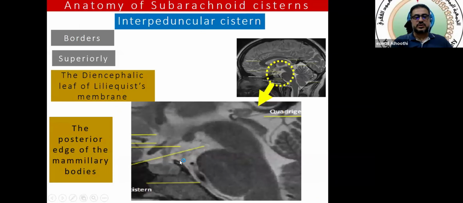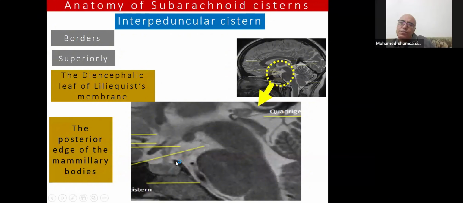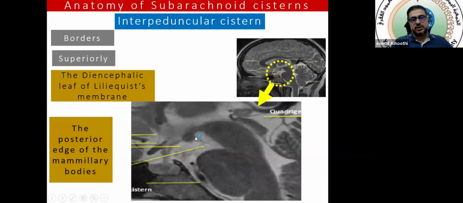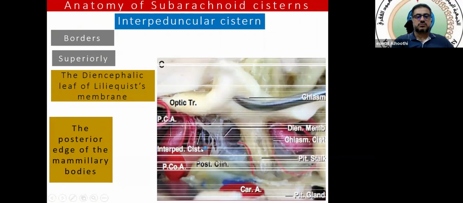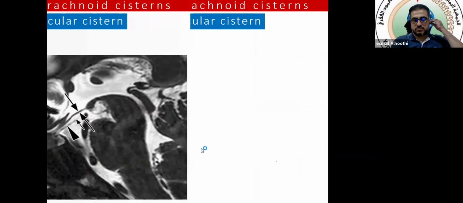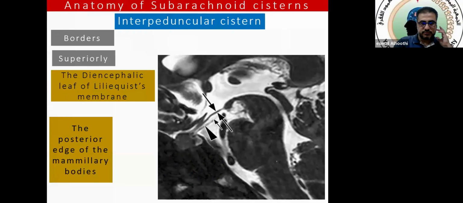As we see here, the Liliequist membrane originates from the dorsal part of the sella and goes back and superiorly to the dorsal edge of the mammillary body. This membrane separates the chiasmatic cistern from the interpeduncular cistern. This picture is more clear, as it spreads from the dorsal part of the sella to the mammillary body.